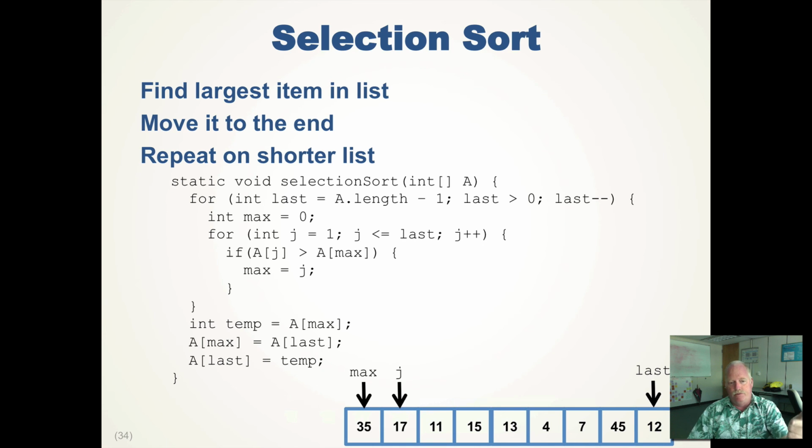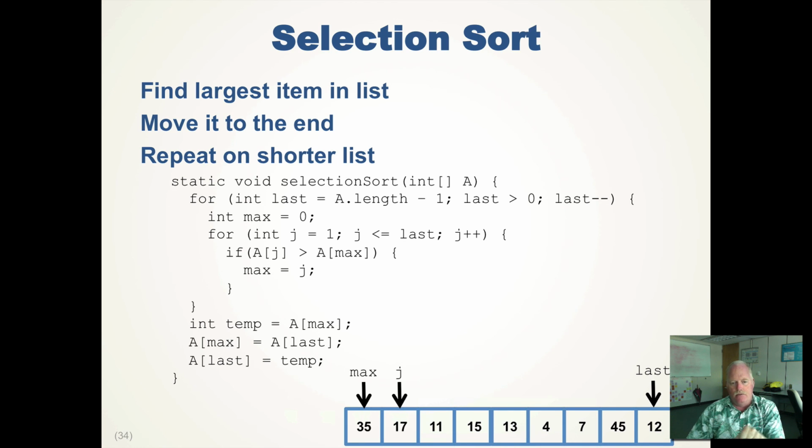So we loop from length minus 1, which is the last position, and we go until last is greater than 0 because we want to stop there, and then we decrement. So we're going to go from right to left. We keep track of the maximum value we've seen, and then we look at 1, and max starts at 0, so we're going to claim that's the maximum.